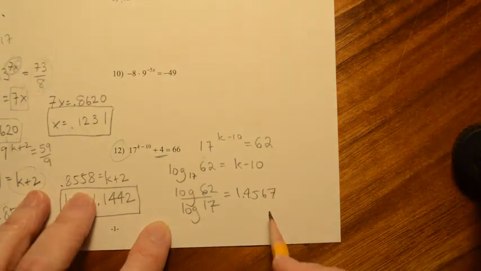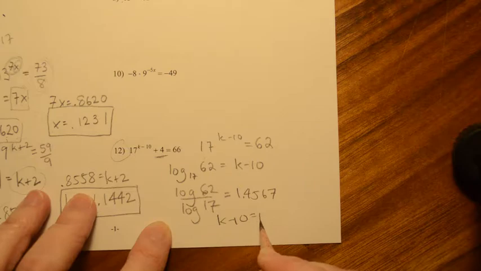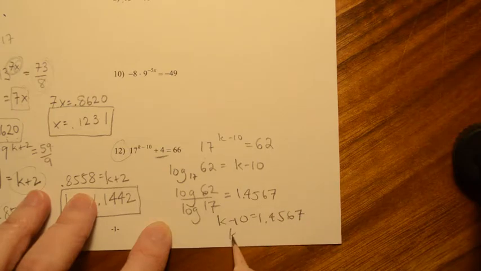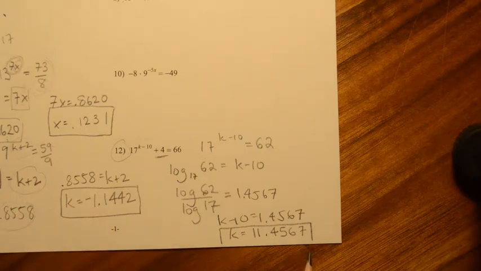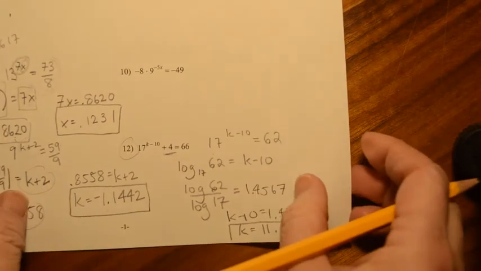And that has to equal k minus 10. So I'm going to say k minus 10 equals 1.4567. Add 10 to both sides, so I get k equals 11.4567. All right. Okay, we're going to flip to the next side.